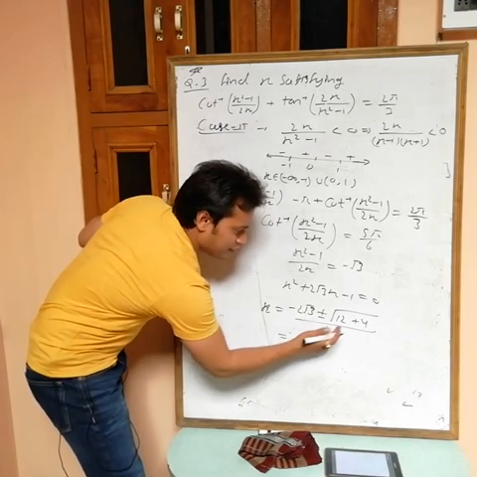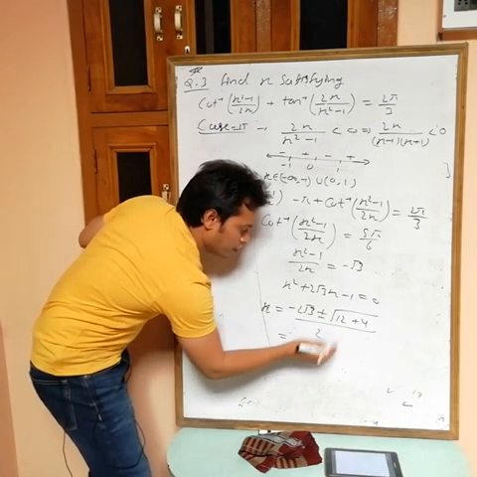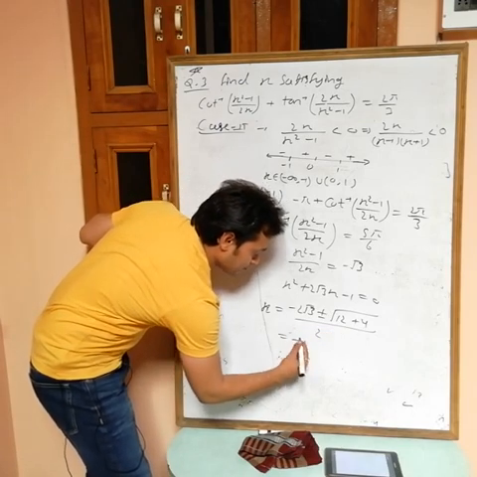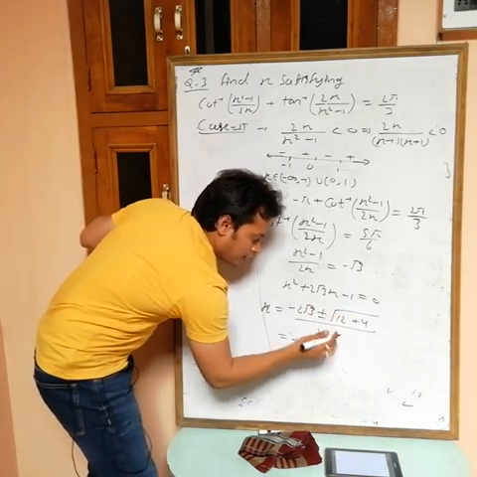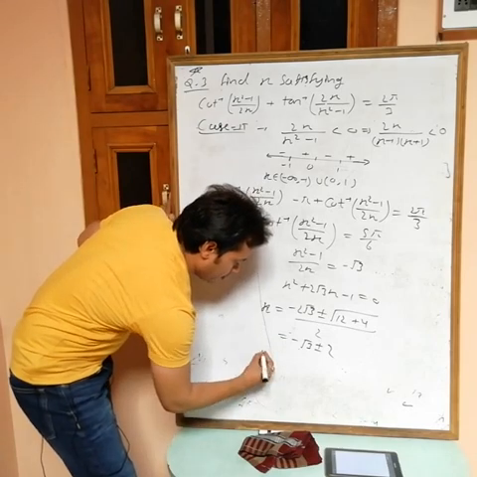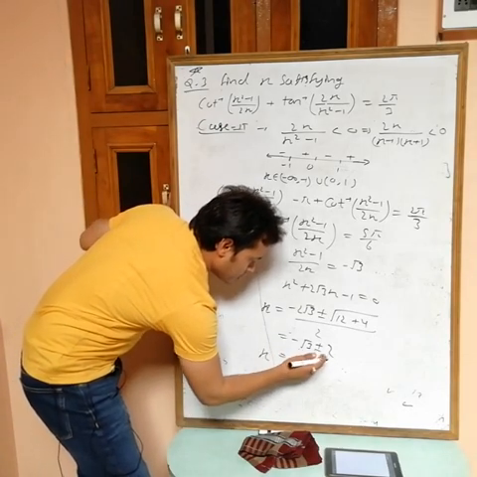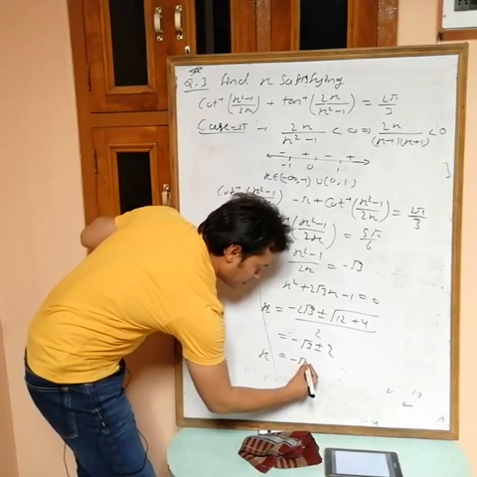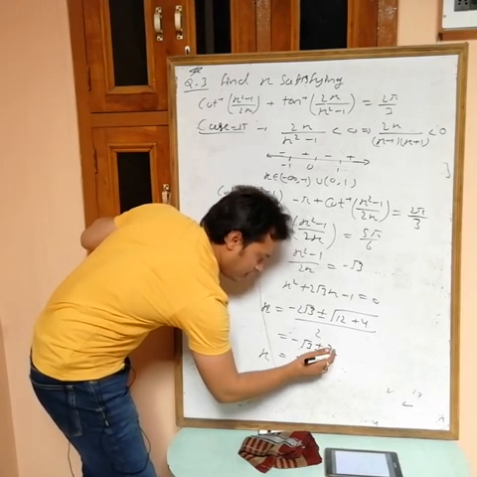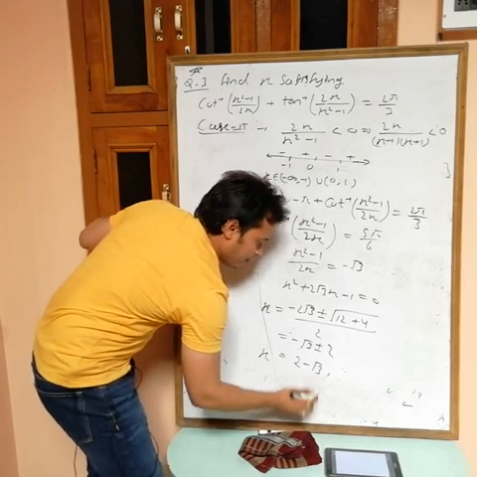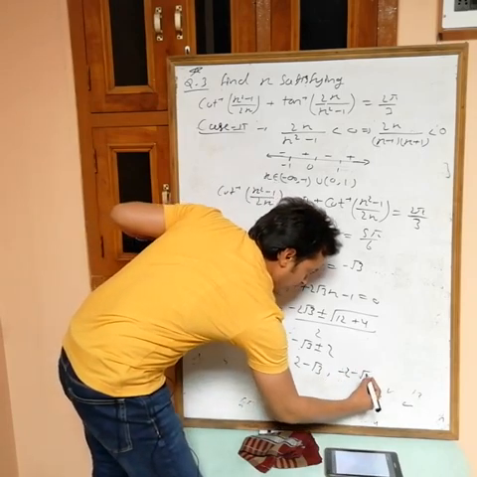So if you divide, this is 16, root 16 is 4, divide with 2. What we are getting? Minus root 3 plus minus 4 by 2, 2. So we are getting the value of x: if you take plus sign, then 2 minus root 3. If you take minus sign, then minus 2 minus root 3.